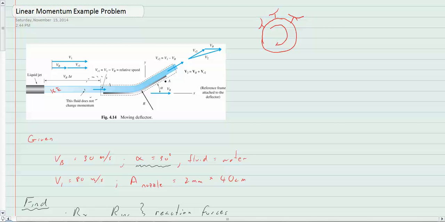This object was spinning and you were hitting it with a jet, causing it to rotate, converting the kinetic energy of this stream into torque and power. And we know that power in this case is torque times angular velocity.